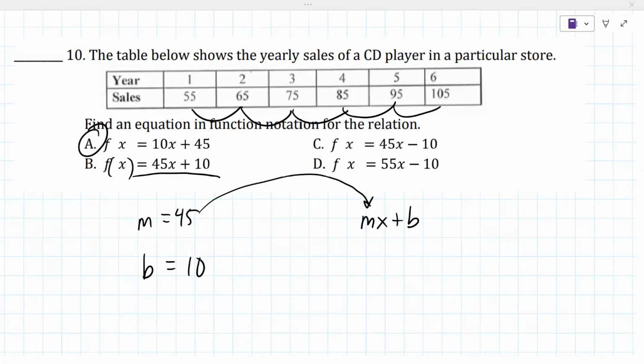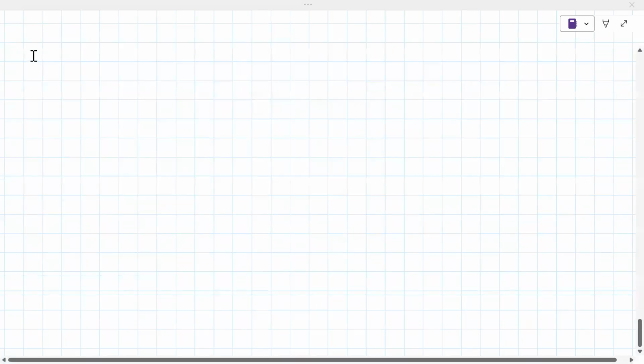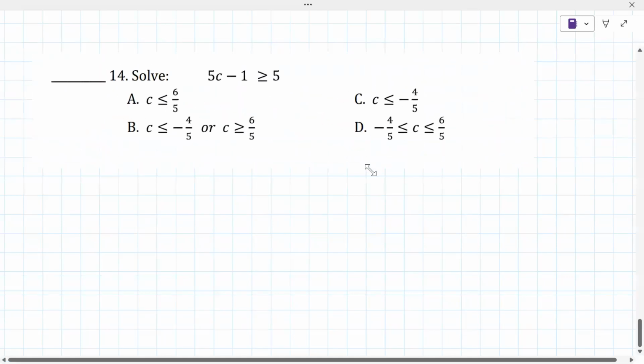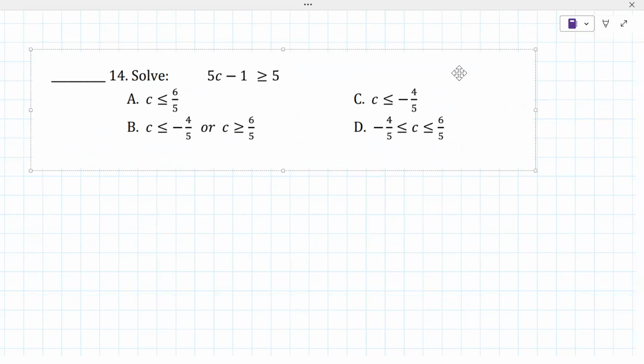Let's look at a few inequalities. Does this look like something you've seen this year in school? Yes. Okay, so to solve this, you kind of just treat it like it's an equal sign. Do you remember when you switch the inequality?